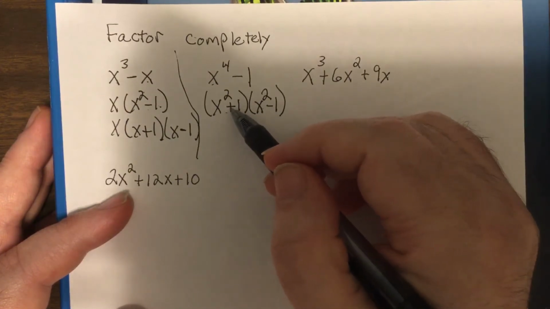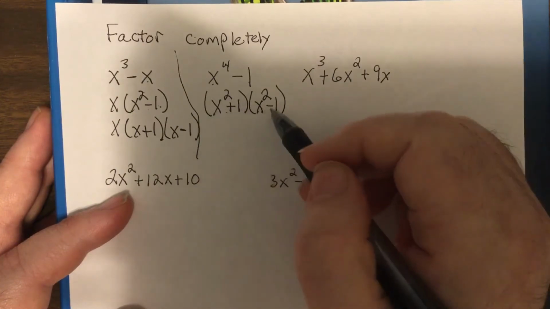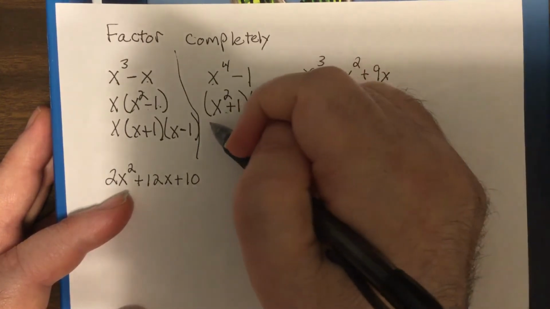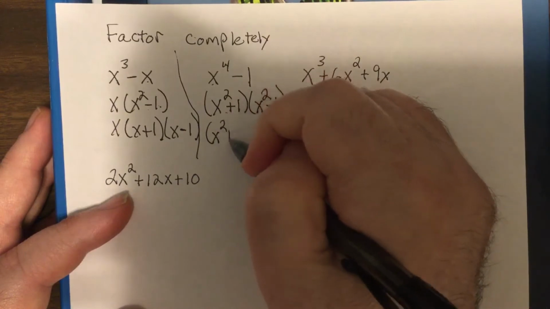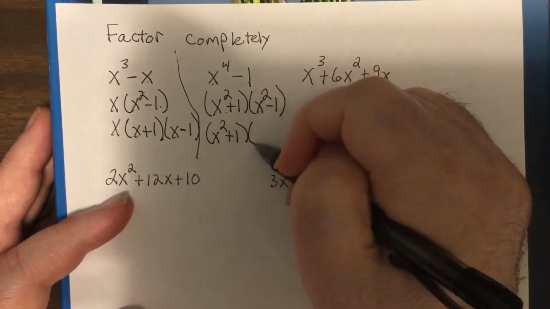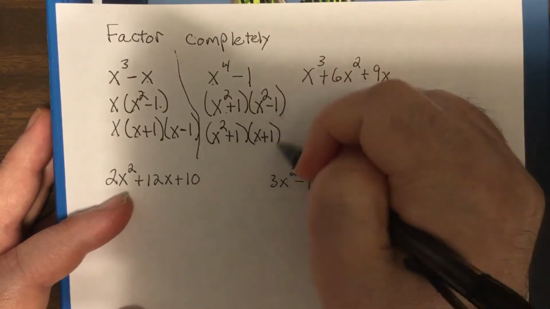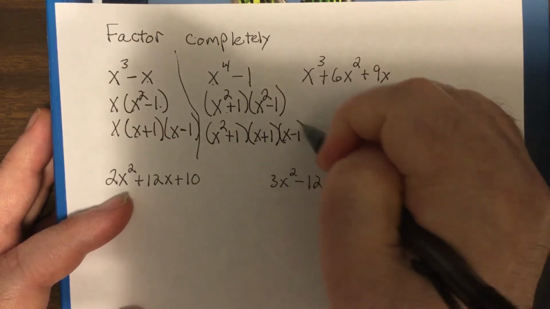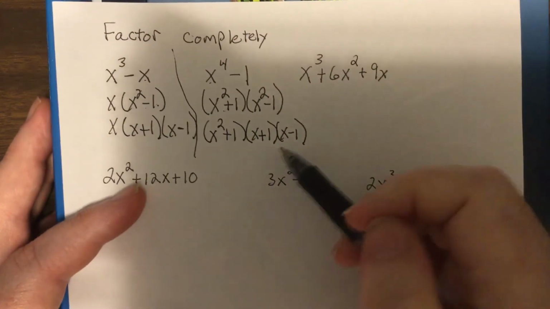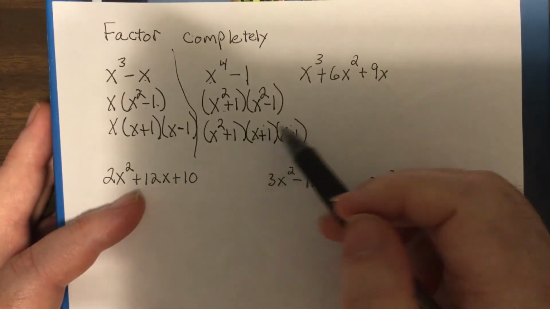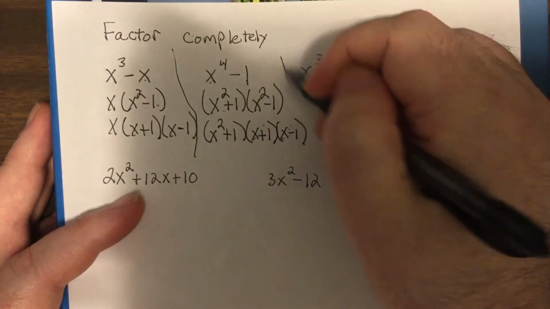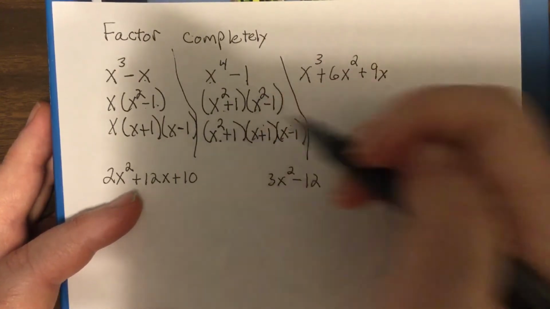Well, this is not difference of squares, and it's clearly not cubes, so I'm done with this one. But this is difference of squares, so I can factor it again. So it'd be x plus 1, x minus 1. Now, we're done because it's both power 1s. Once you're power 1, you are done, and this one can't be done anymore.